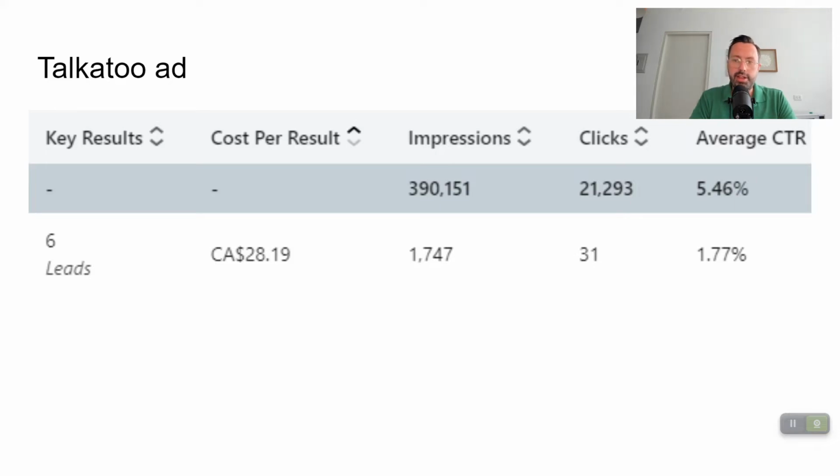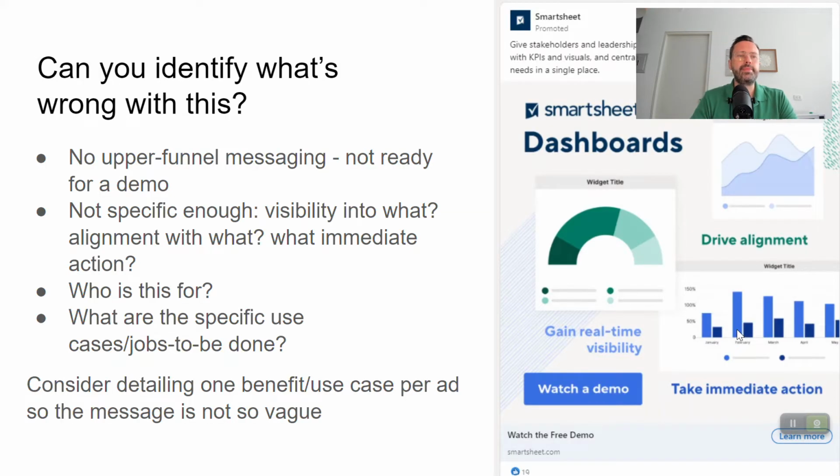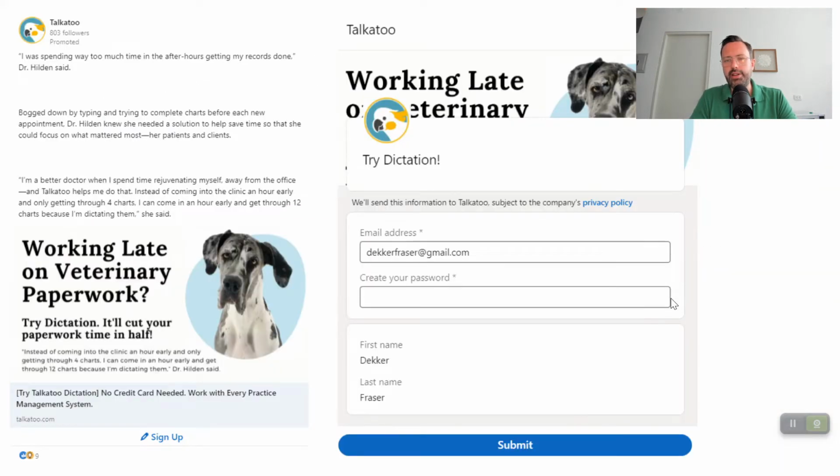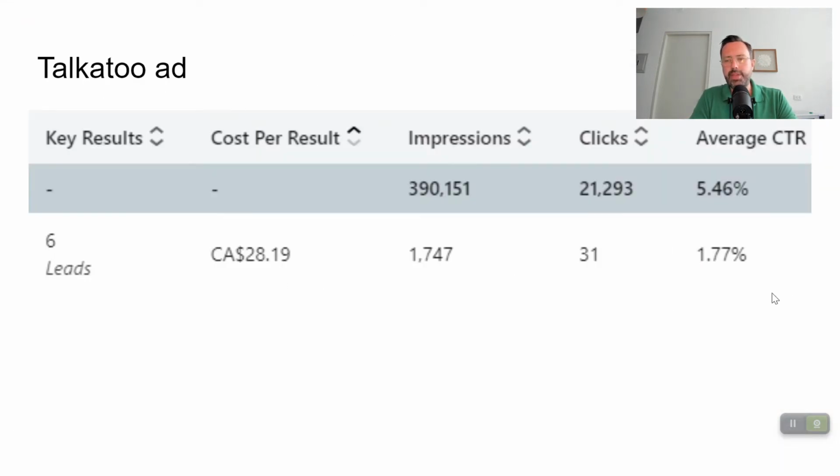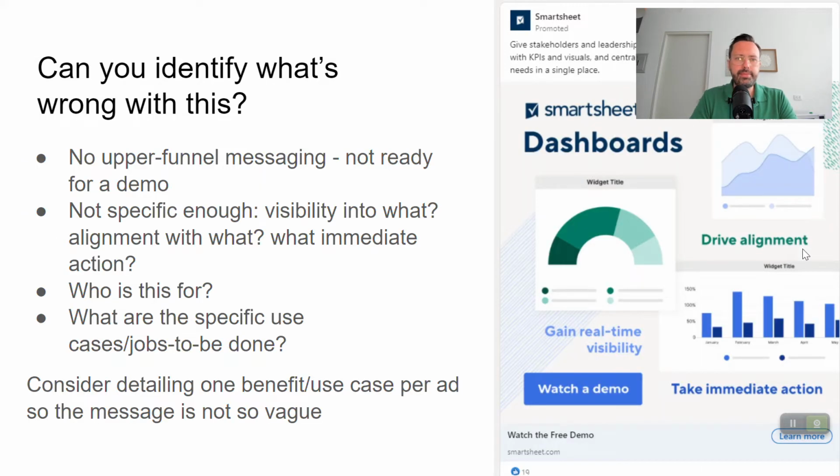So in a case like this, your benchmark is around 0.4%. We're doing significantly better than that, which is an argument to stop bidding on CPC, cost per click, and start bidding on a CPM model because the CTR is so high. And if that were done, you could probably get the cost per lead even lower than that because your bidding is more efficient.